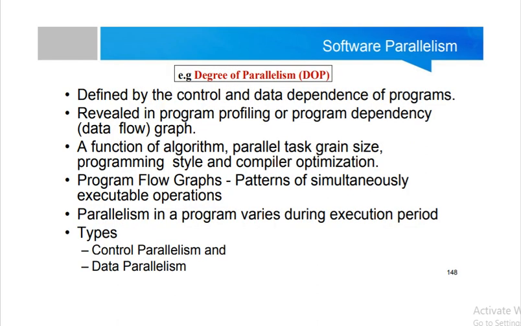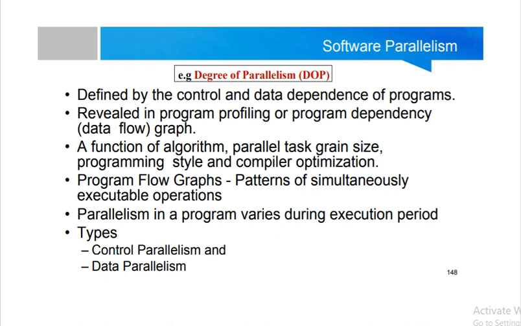And next is software parallelism. It's defined by the control and data dependence of programs. We have already discussed data dependence, and it is revealed in program profiling or the program dependency graph. It's also known as the data flow graph. For representing software parallelism, we can use flow graphs.